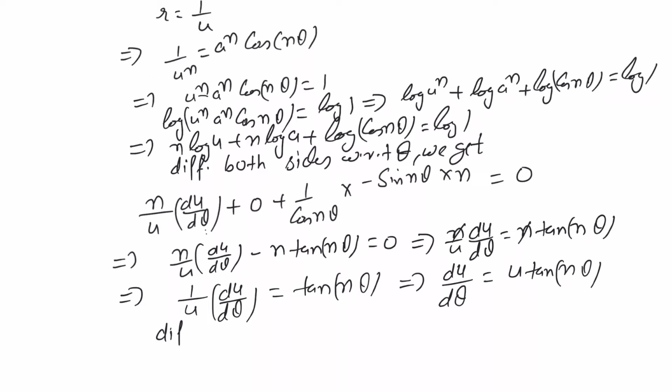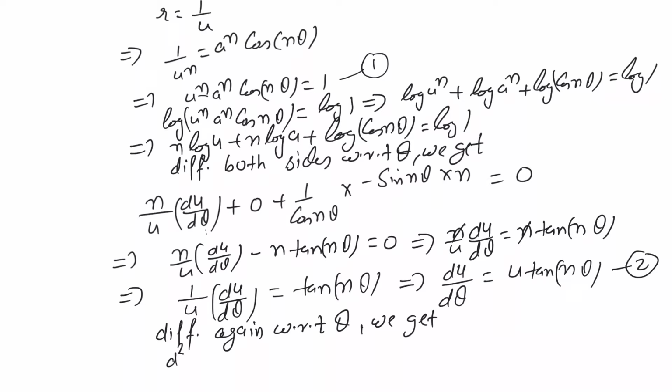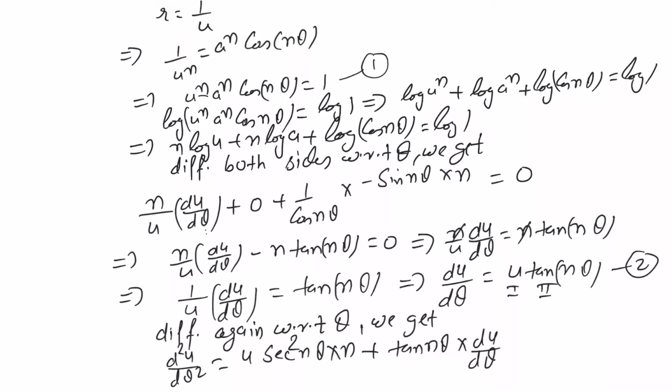Differentiating again with respect to θ, and you are going to name this equation as equation number 1, and this equation as equation number 2. We get d²u/dθ². Apply the product rule. u as such into sec² nθ into n plus tan nθ as such into du/dθ.